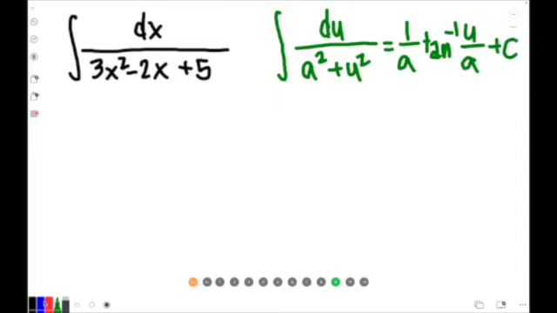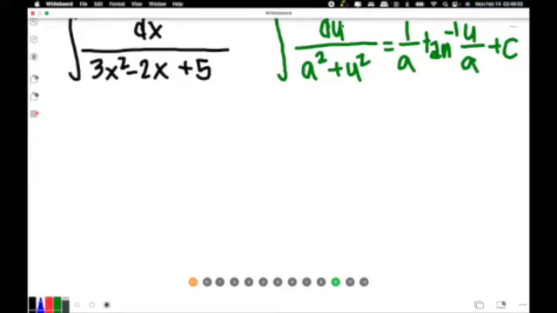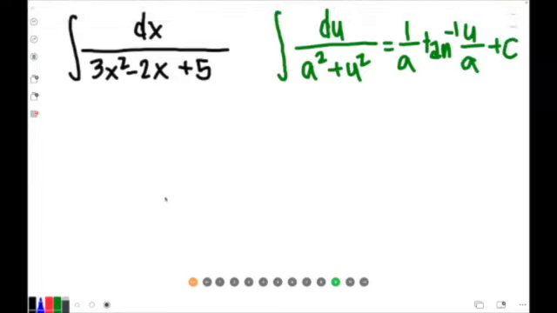So now we have to identify which is our a, which is our u, and what is our du.